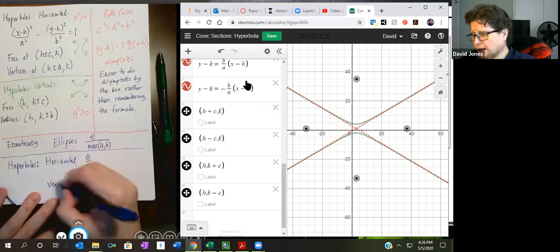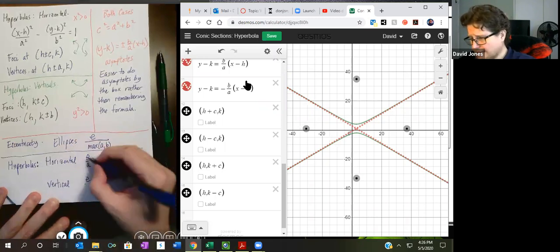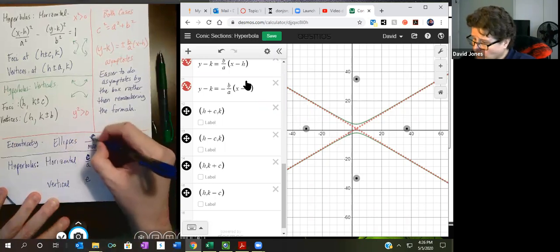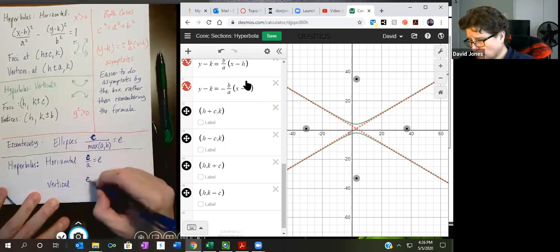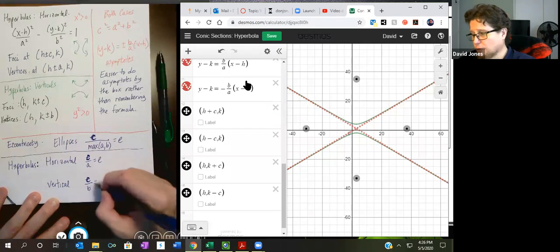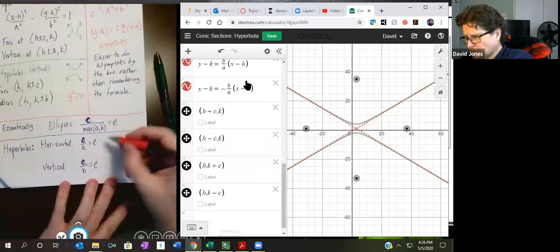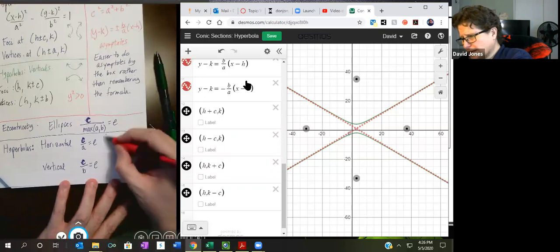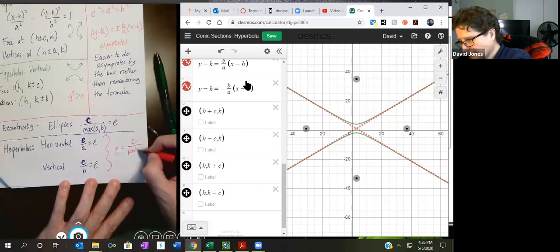The vertical one is c over a. And this one is c over b equals e. In general, it's e equals c over the positive one of a or b.